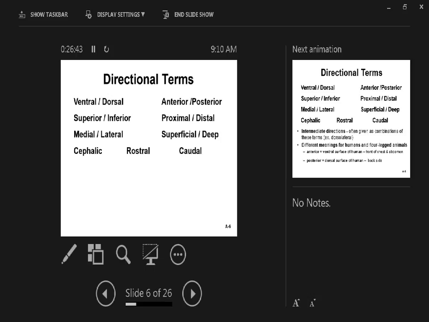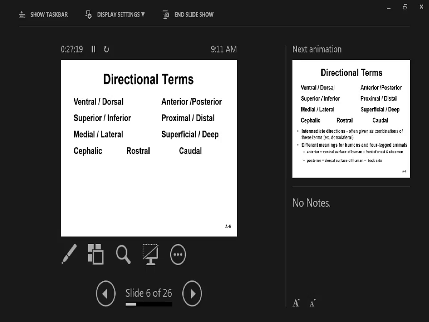Let me say something about rostral and caudal, guys. You're not going to see them in 201, but you will see them in 202. Those are terms that they just added to the directional terms list. Rostral means what? Towards the forehead or the nose. It means beak, like a fish. The rostral part would be the mouth or nose portion of a fish.